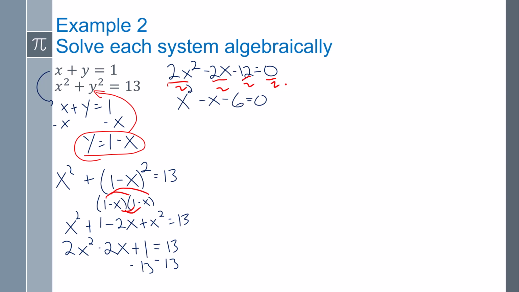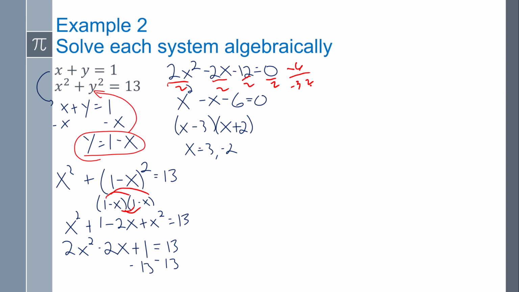A times c, right? Factors of a times c that add to b. So negative 3 and 2. So I can break apart negative x into minus 3x and 2 and do factor by grouping. And when you factor it, set each equal to 0, and you get x equals 3 and negative 2.